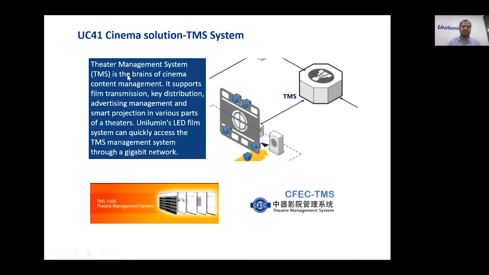The theater management system is the brains of the cinema. We know about that. It controls the content management. It supports film transmission, key distribution, advertisement management, and smart projection in various parts of a theater. Unilumi's LED display system can quickly access the TMS management system through a gigabit network.